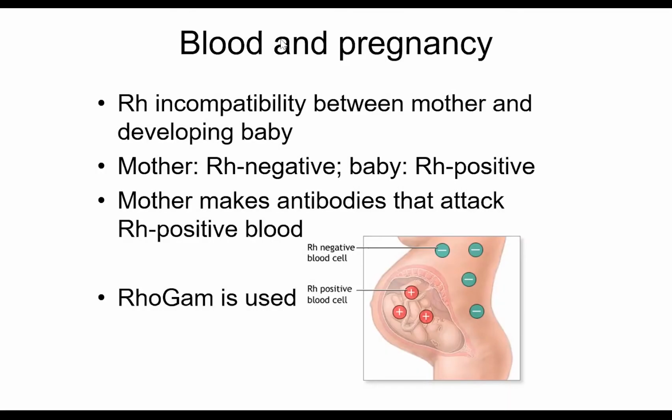Now, since IgG can cross the placenta, there can be an issue with Rh-negative mothers who carry a developing baby that is Rh positive. Typically, this is not an issue during a first pregnancy, but can pose a problem for a second pregnancy.